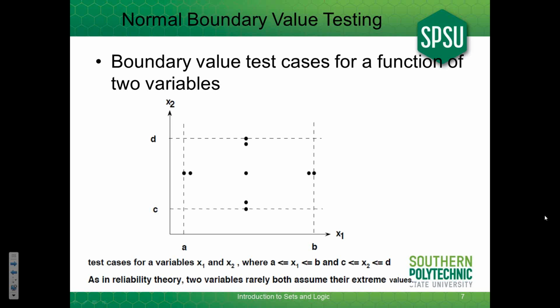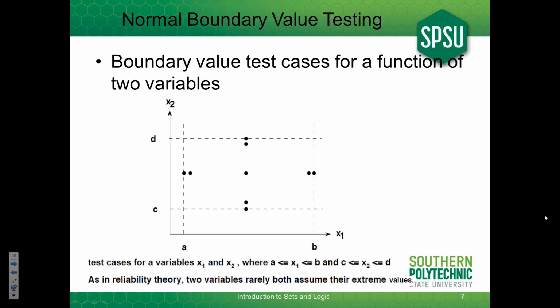Just x1. For x2, we take its nominal value, so between C and D, just a value that's the average. Then, similar to the previous example, you assign the boundary values x min, x max, x min plus, x max minus, and the nominal value for x1.